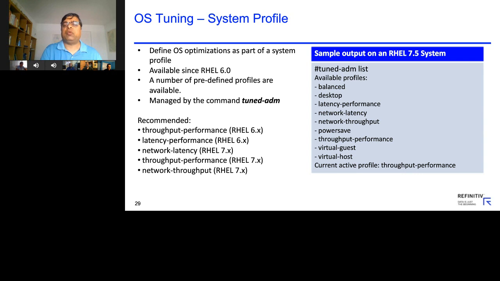There is a desktop profile, latency profile, network throughput, network latency, throughput performance, and a couple for virtual. The tuned-adm list will show you what it is set to. I think the default for 7.x is throughput-performance. That is sufficient for most of our needs. Network throughput is something that Red Hat recommends if you are doing 40 gig or if you have really old Intel chips.